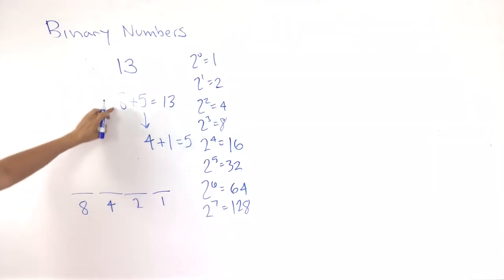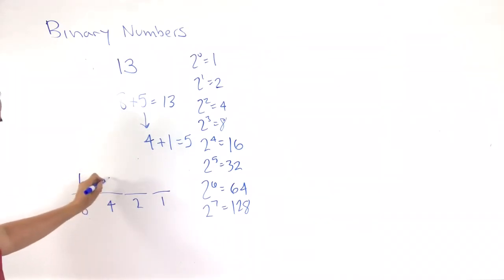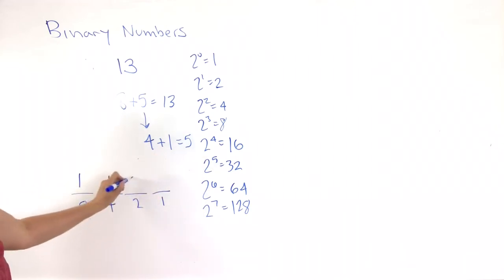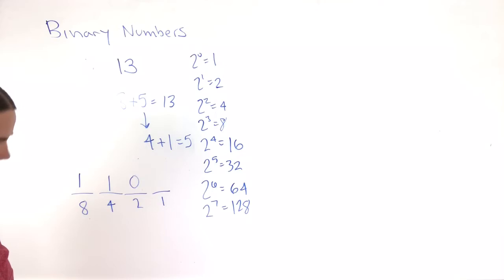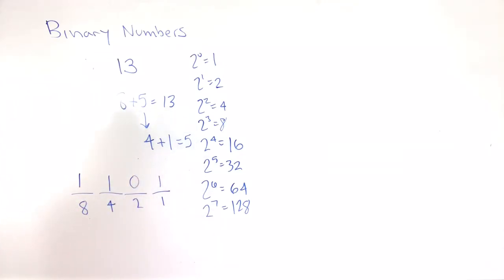First of all, we have an 8, so we can put a 1 in the 8 spot. We have a 4, so we can put a 1 in the 4 spot. We don't have a 2, so we put a 0 there. And we have a 1, so we put a 1 here. And so this 1101 is equal to 13 in binary. And you can check this by just summing the numbers.